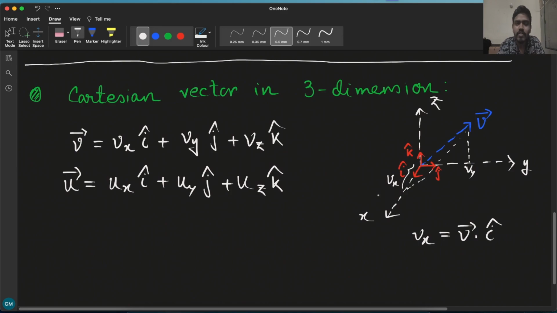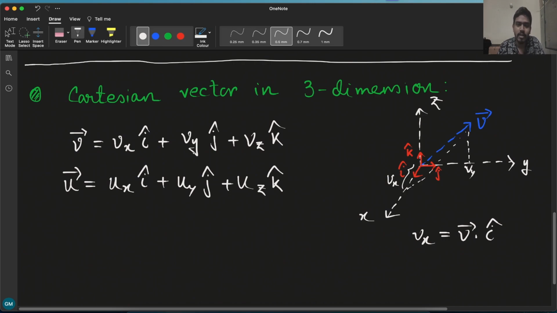So if the basis vectors are fixed, for example in this case i hat, j hat, k hat, then to specify a particular vector, we need to fix three components in 3 dimensions, right?